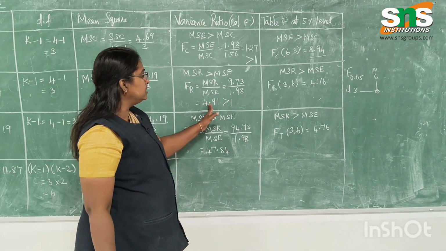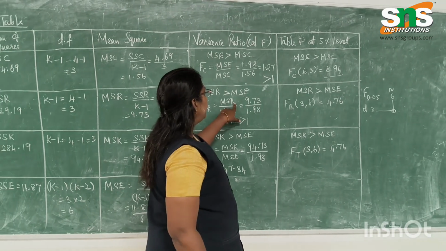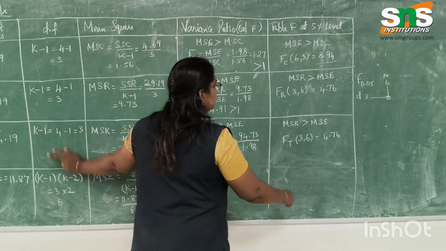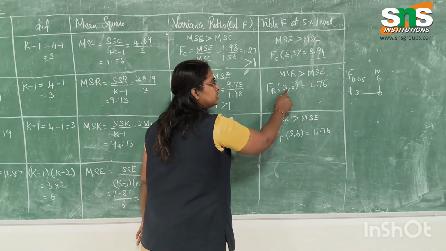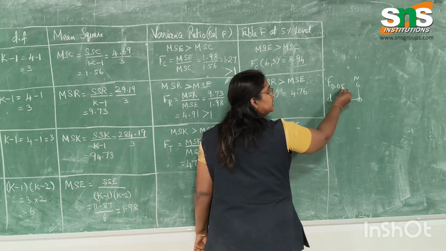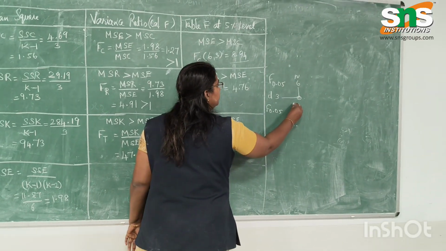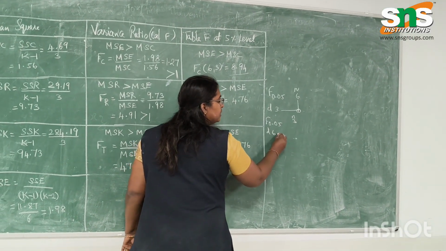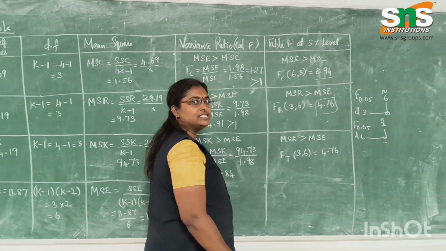Then the table value: the numerator row degrees of freedom is 3 and the denominator error degrees of freedom is 6. So 3 comma 6, F 0.05. Take this table, 3 in the numerator and 6 in the denominator, combine these two values and you get 4.76.